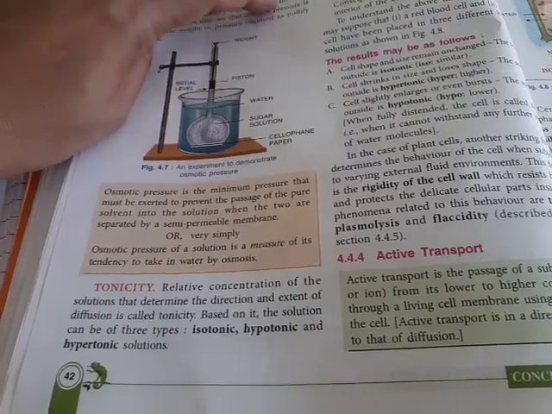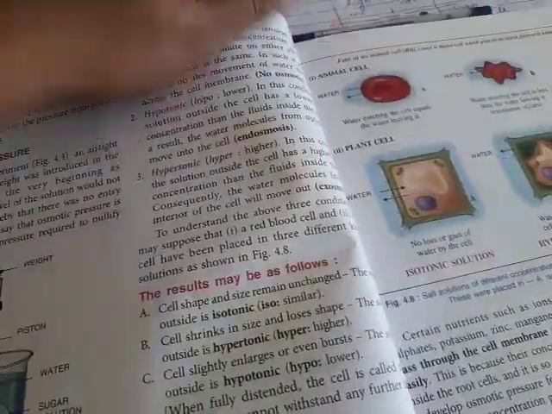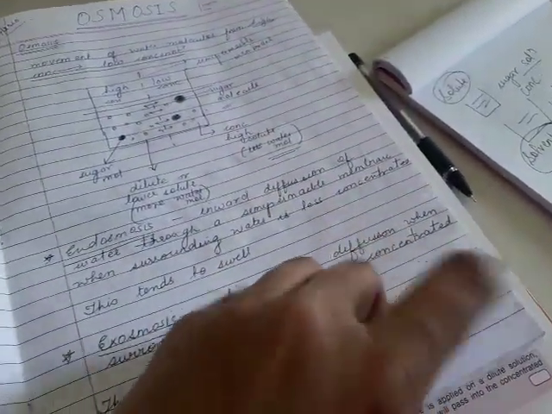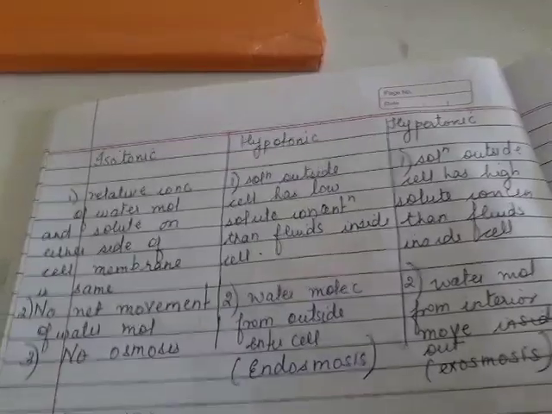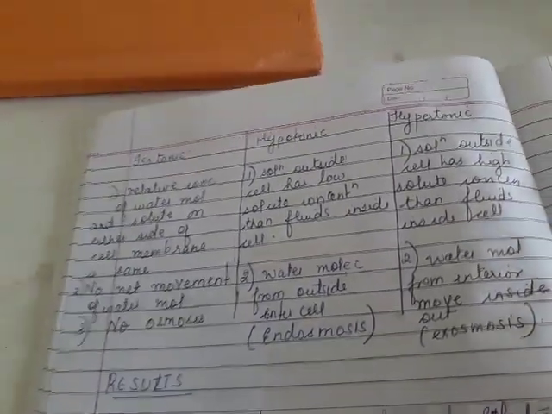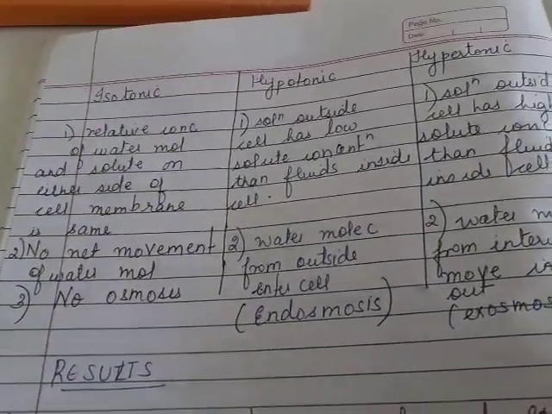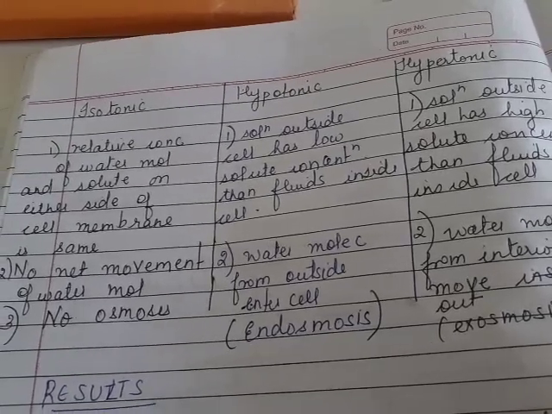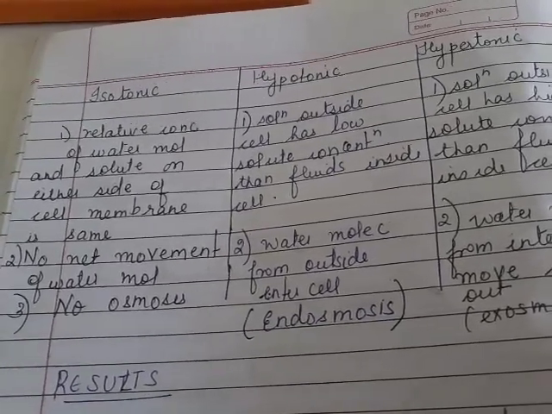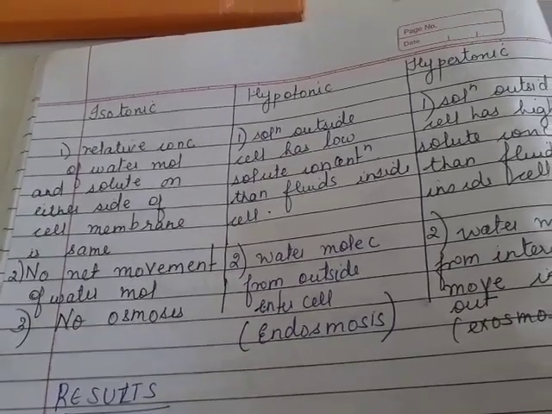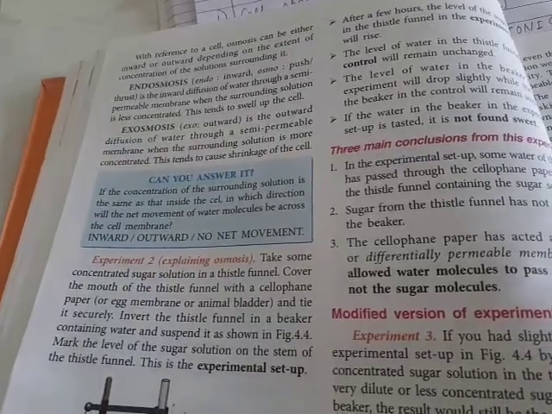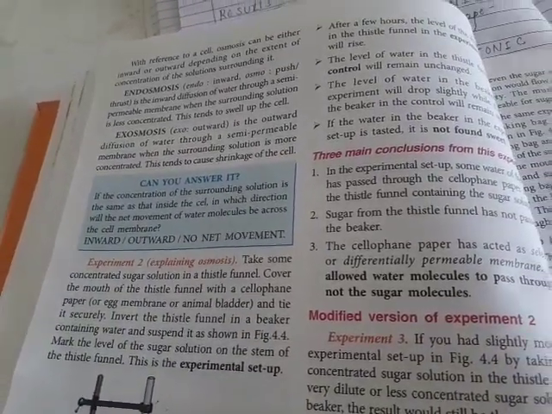That's determining the tonicity, and based on that we have three different tonicities: isotonic, hypotonic, as well as hypertonic. So I have just made three distinguishing points for it. When we say it's isotonic, the relative concentration of water molecules and solute on either side of the cell membrane is the same. That's the first case, the question's answer on page 40: the concentration of surrounding solution is the same, so we can say isotonic.